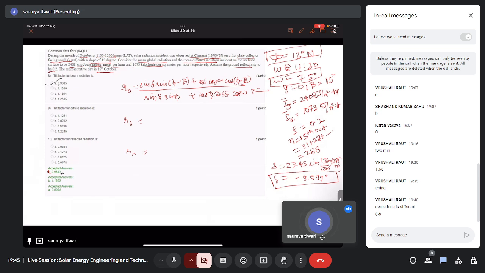For diffuse radiation, the formula is (1 plus cos beta) by 2. We know the beta value, we can put it back into the equation. The answer will be around 1.1200, so this option will be correct. And for reflected, it will be (1 minus cos beta) by 2 into rho. So this will be 0.0034. So option A will be correct.